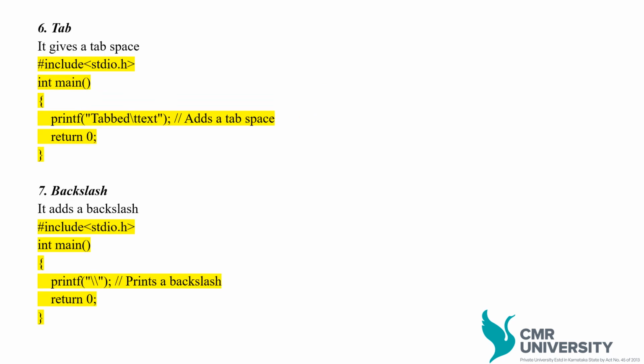And next is tab. For tab space, we will be using slash t. Next is backslash: we use a double backslash if we want to print a backslash in the output.